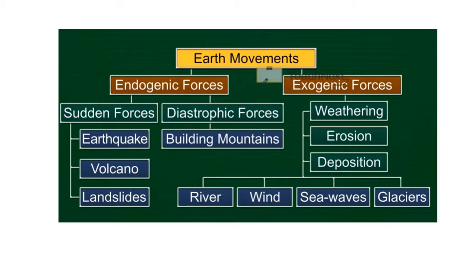And why do they move? This is because of the movement of the molten magma which is inside our earth, and this molten magma moves in a circular manner due to convection currents, and this movement of the lithospheric plates causes changes on the surface of the earth.